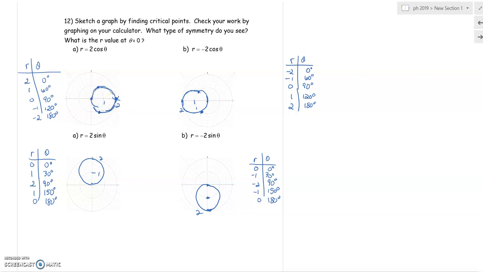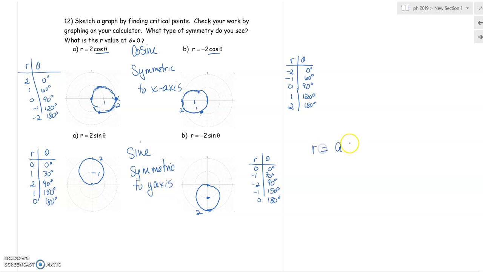And kind of interesting about looking at the symmetry, notice that the graphs with the cosine in them were symmetric to the x-axis, and the ones that had a sine in them were symmetric to the y-axis. They were all in the form r equals a cos theta or r equals a sin theta, and they turned out to be a circle.